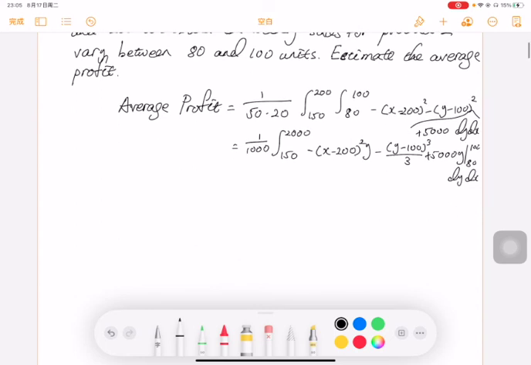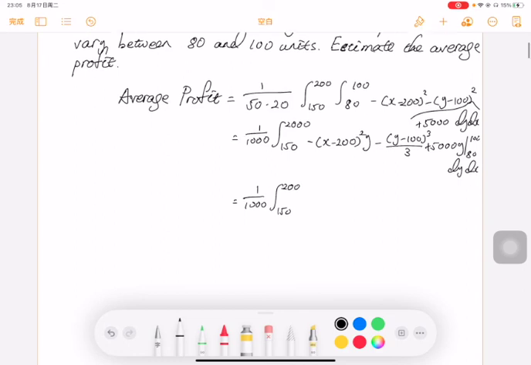Sorry, it's a little cluttered here. I don't want to write out all the calculations, but if you plug in, you will end up with minus 20 (x minus 200) squared, and then minus 292,000 divided by 3, dx.